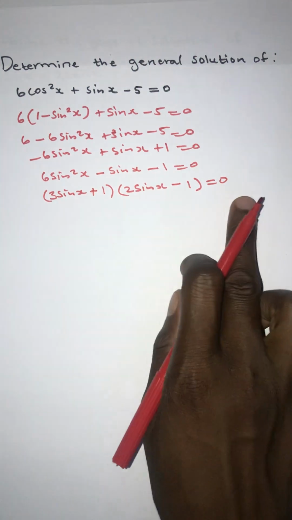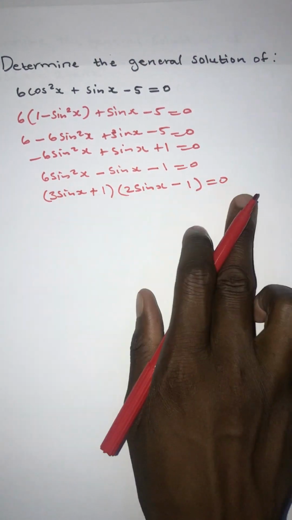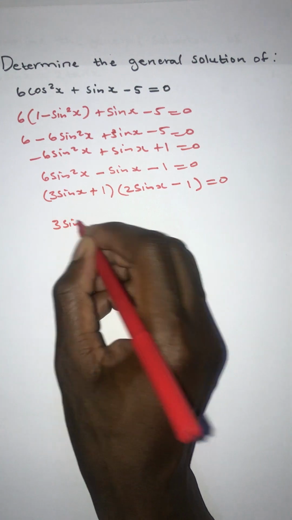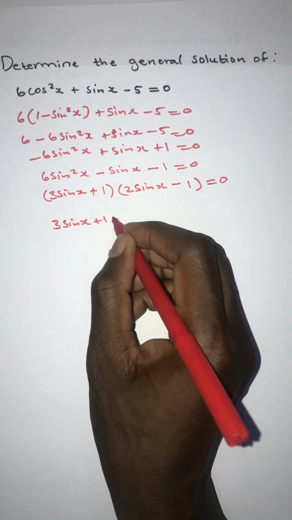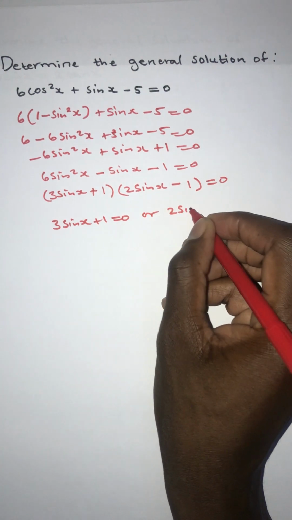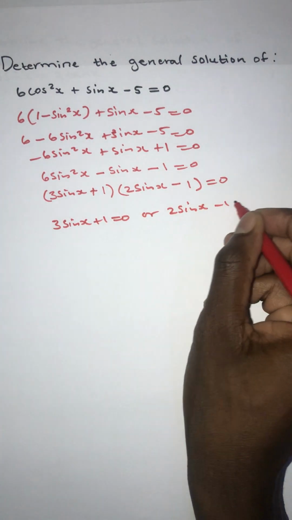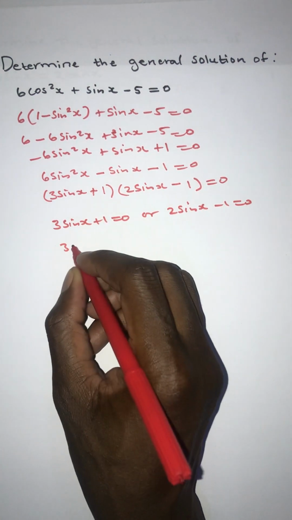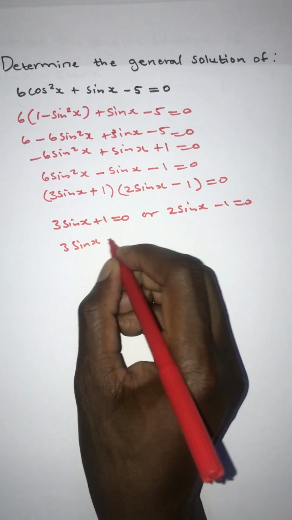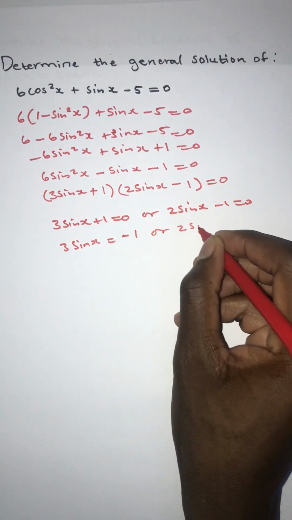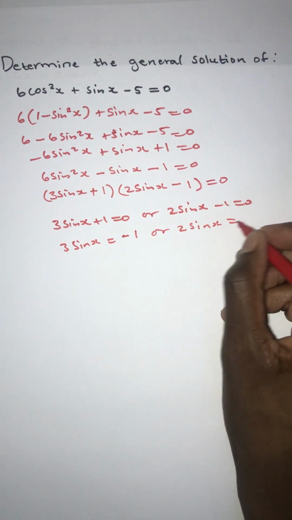So we're going to have 3 sine x plus 1 is equal to 0, or 2 sine x minus 1 is equal to 0. So 1 to the other side, 3 sine x is equal to negative 1, or 2 sine x is equal to 1.